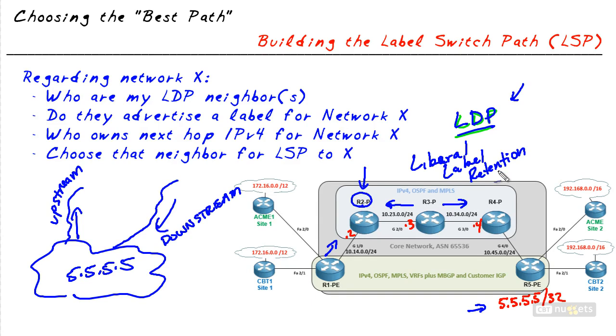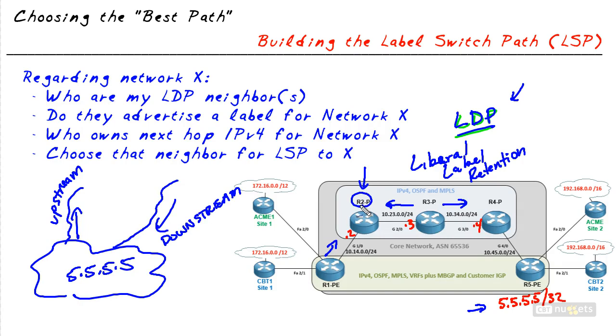Because of liberal label retention, it's going to remember, hey, R1 advertised a label for 5.5.5.5 in case R3 goes away. Now the reality is if R3 went away, R5 would lose the 5.5.5.5 network because it's way over here and there's only one path, and that would cause R1 to stop advertising a label. So in a network where we had multiple paths and fault tolerance built into the infrastructure, the liberal label retention helps for a quicker cutover to an alternate path if we need it.